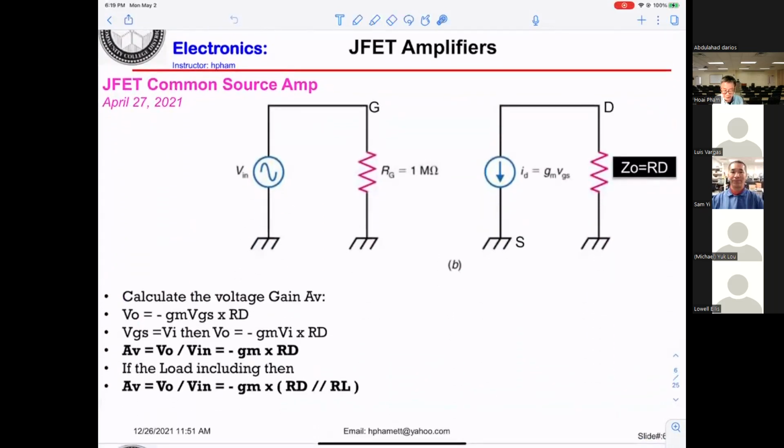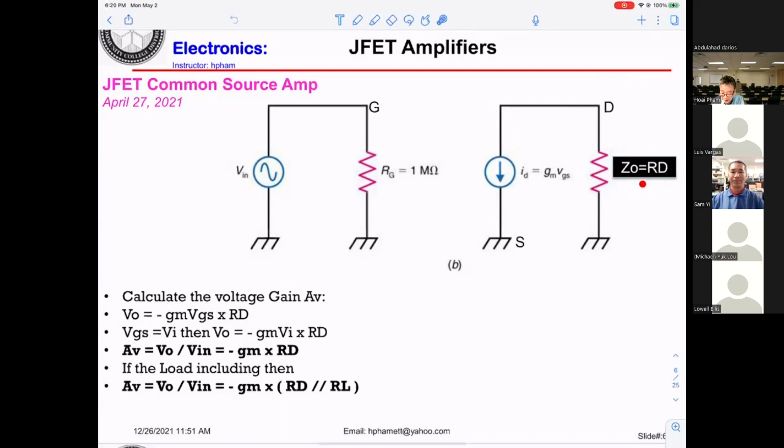Okay, now you can see the common source amplifier. They want to calculate the voltage gain. If you want to calculate the VO right here, you get the current source here, and you get the output impedance.